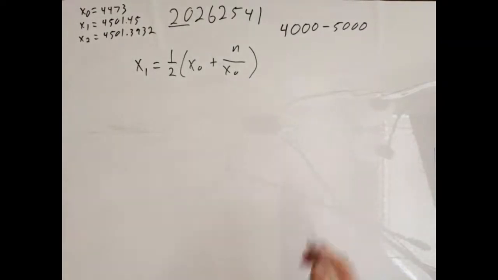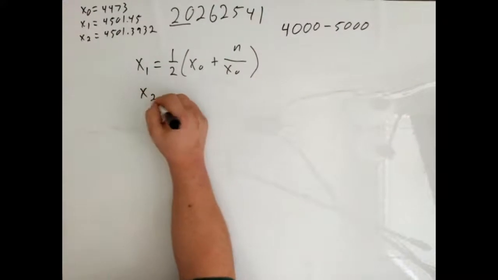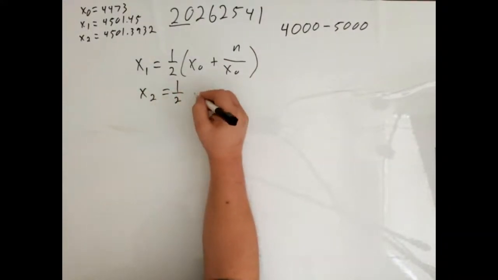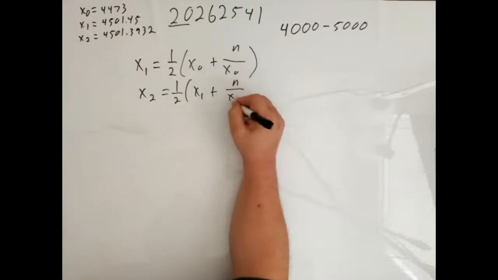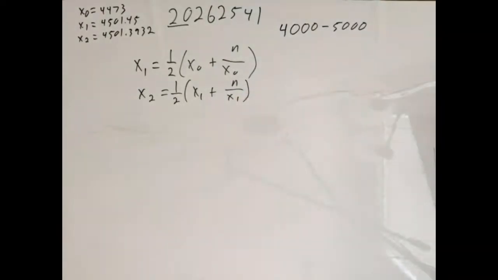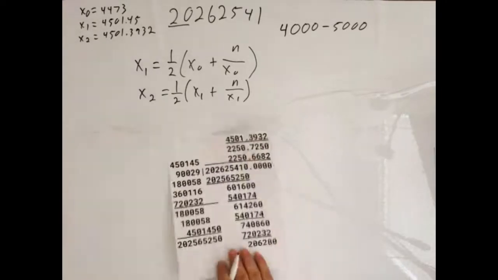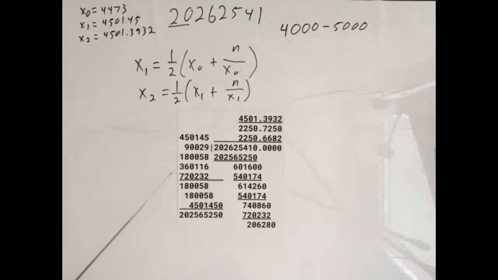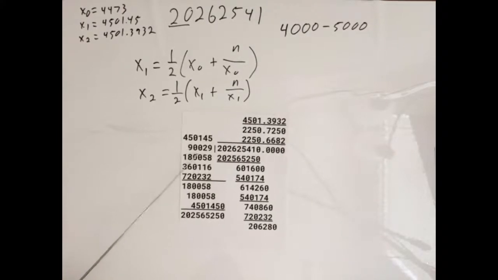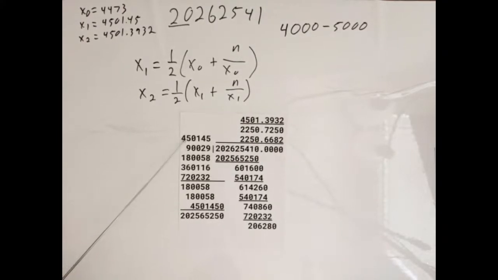Then we take x2 and we go 1/2 times x1 plus n over x1, which is what we did for the second division, which was this one. But we didn't exactly divide by x1. You notice this is 2x1 because we had to divide by 2 to get this x1 number.